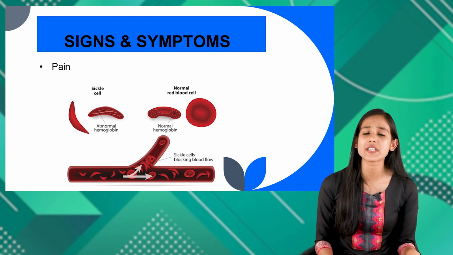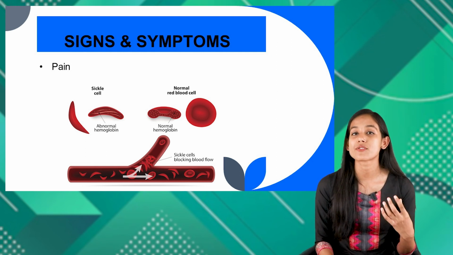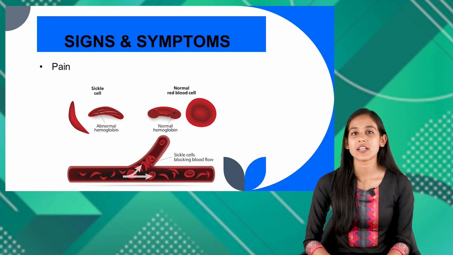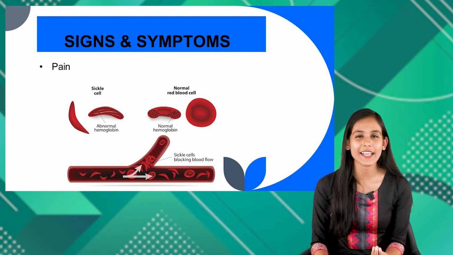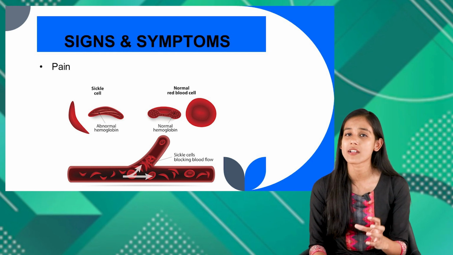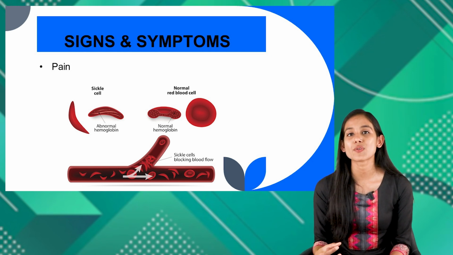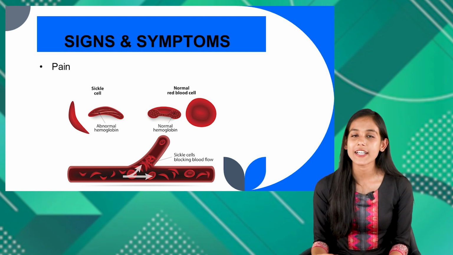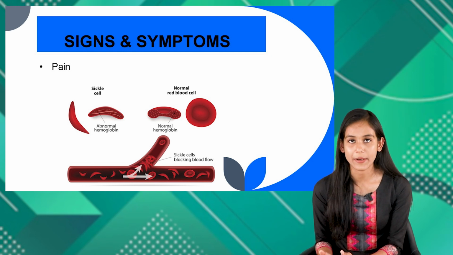A healthy RBC would be smooth, flexible, and round. But in the case of sickle shaped RBCs, it is sticky. The shape is crescent, C shaped, and it would also be stiff, right? It is not smooth or flexible like the normal RBCs.